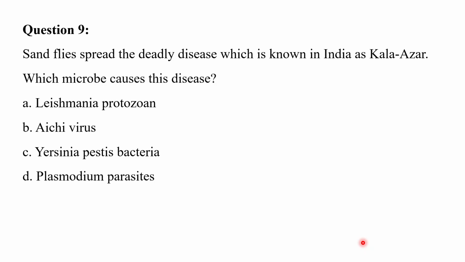A vector is something which is just carrying that microorganism, that pathogen, and transferring it to another host. The microorganisms causing the disease are the actual causative agents, the pathogens. In the case of malaria, the mosquito is just the vector. The main culprit is Plasmodium falciparum or Plasmodium species, the parasite.